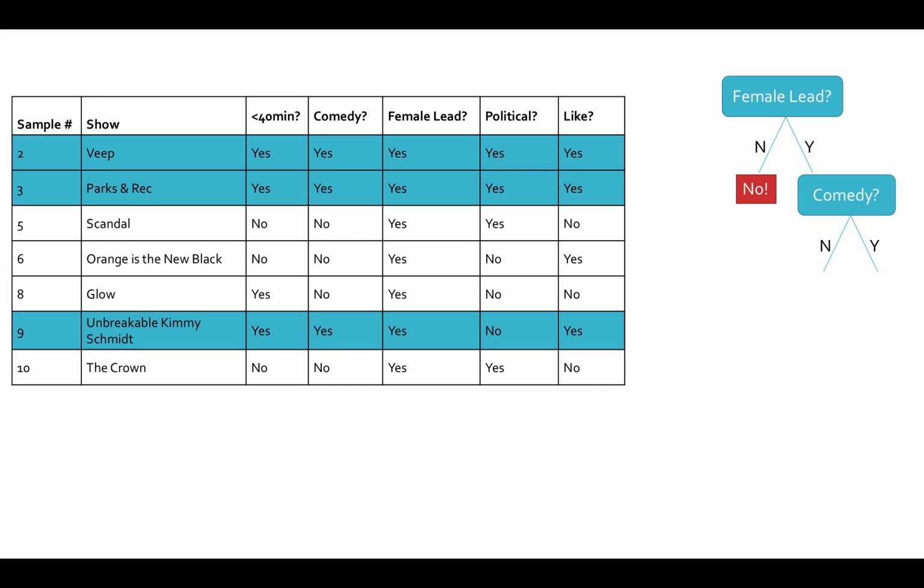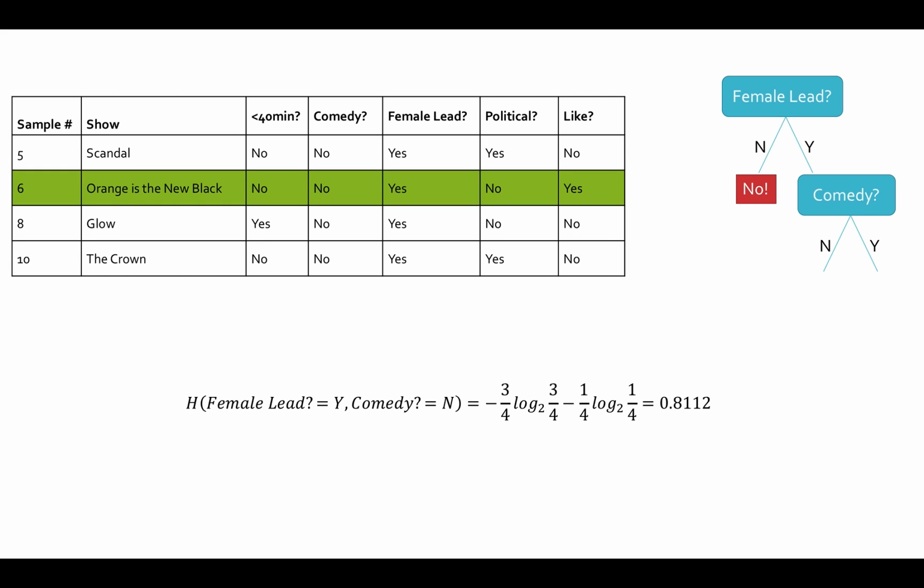Now let's split on something else. Let's try comedy. For comedy, we only have 3 samples that have a comedy value of yes, and 4 samples with a comedy value of no. For a comedy value of no, there's 1 that we like and 3 that we don't. This gives us an entropy of 0.81 on that side.